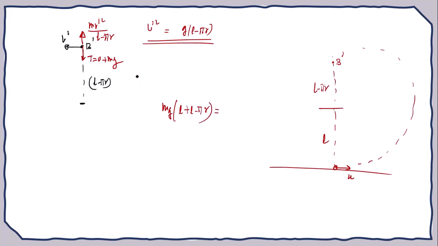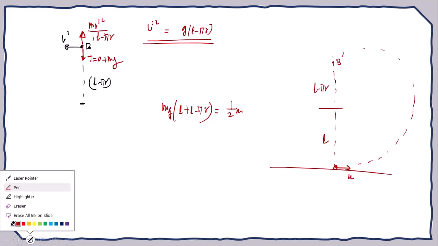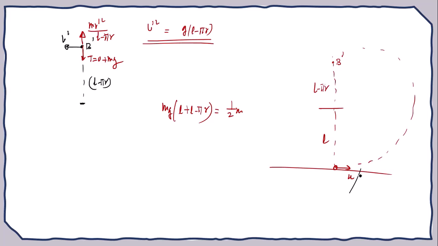And that should be equal to the loss in kinetic energy. So what is that loss? That loss is equal to half m v2 square minus half m v prime square, where the particle is projected with a velocity v2, and v prime square is g into (L minus pi r).